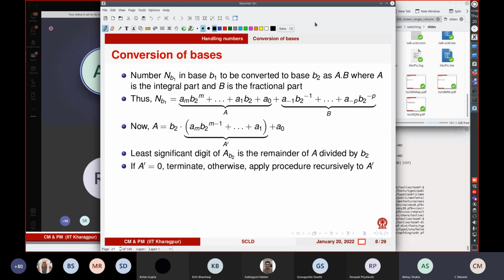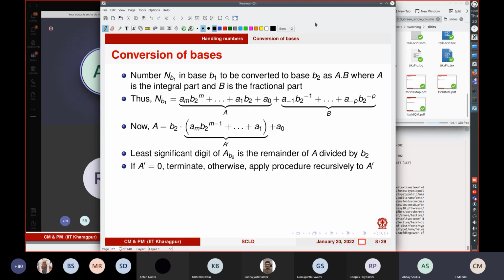So that A part, if you multiply by B2, then you find that you get A0. If you factorize B2 from the other part, then you get A0. So basically the integer part of the number in base B1, you just divide that by B2 and you take the remainder.